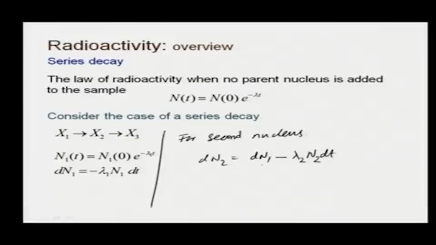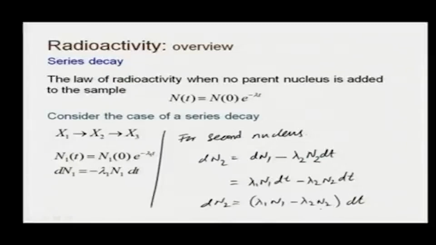Let me repeat that. Since x2 is not stable, you have to subtract lambda 2 N2 dt, which is the number of x2 which decayed to x3, so dN2 is lambda 1 N1 in time dt minus lambda 2 N2 in time dt, or I can write dN2 as lambda 1 N1 minus lambda 2 N2 times dt.